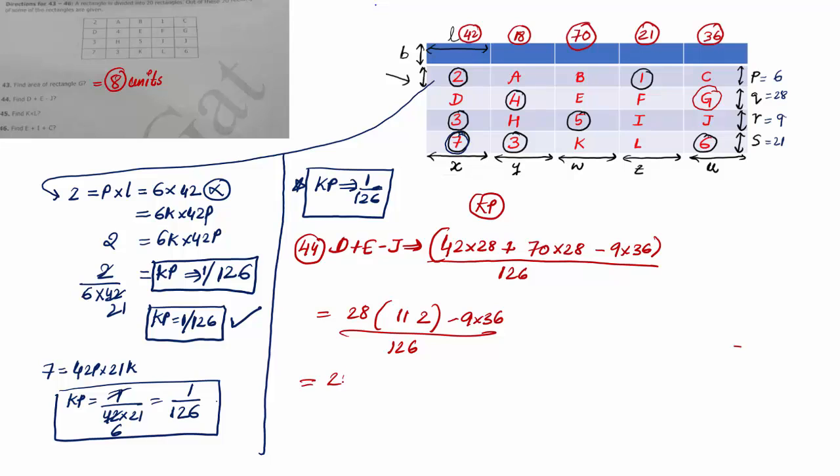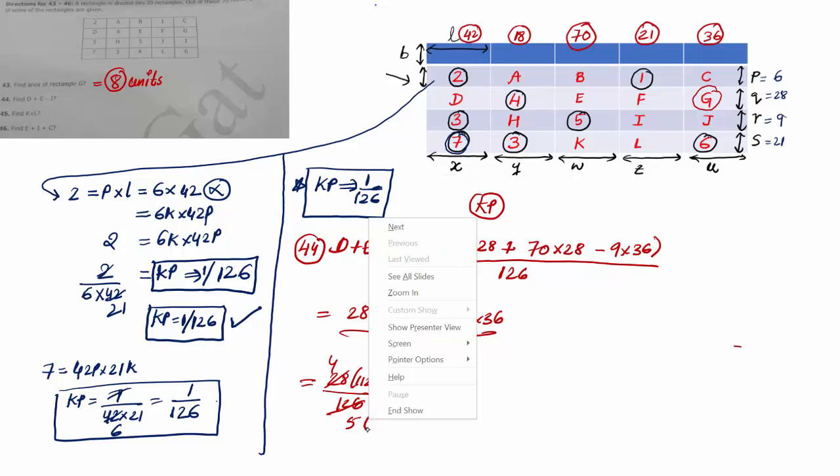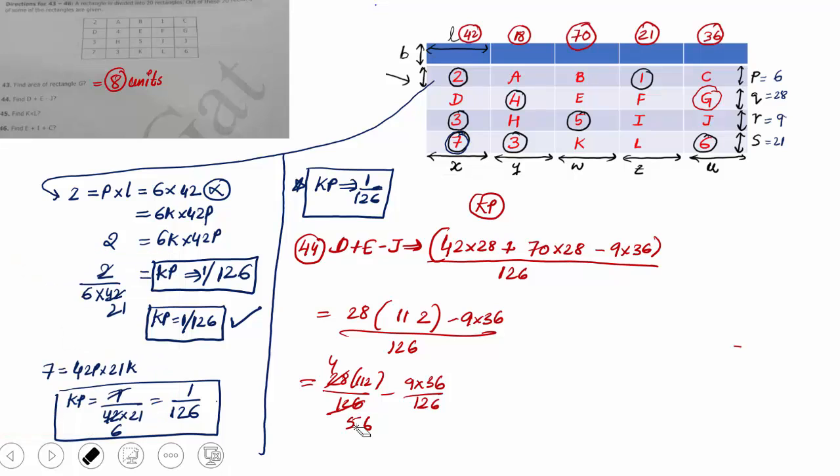Now I'm splitting out for easy calculation. This is 7 4s are 28 and 7 5s are 35.